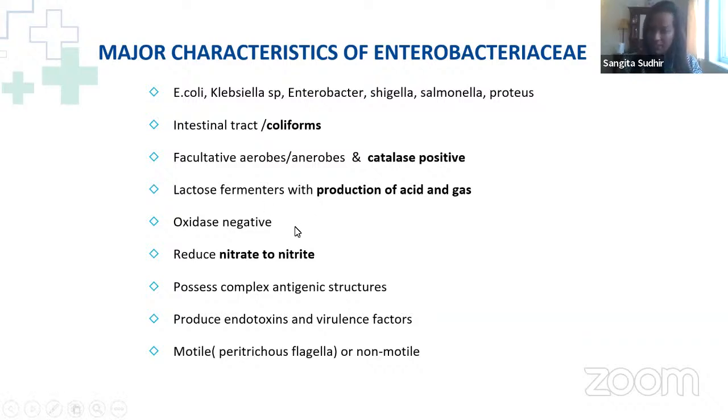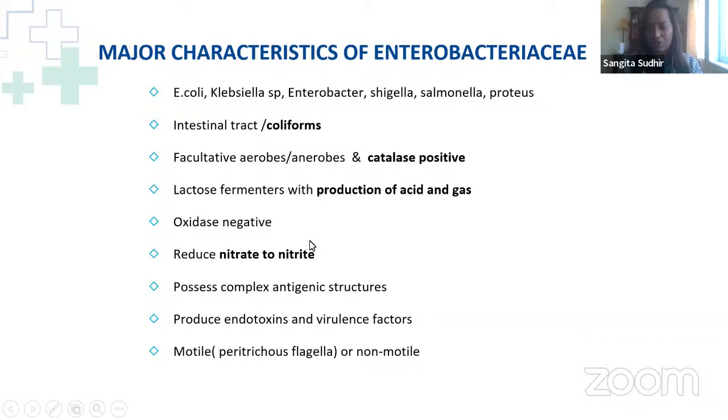These are oxidase negative. As I already said, they don't produce cytochrome oxidase enzyme. All of these things we assess through the oxidase test, the MacConkey medium test, and the catalase test.